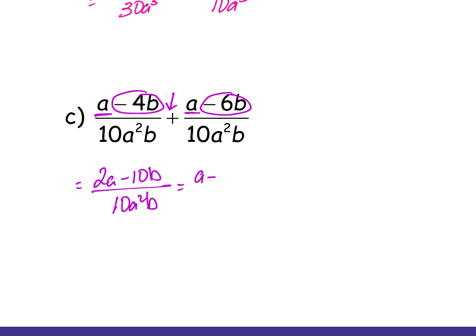So I've got a minus 5b divided by 5a squared b. Because all three of them are divisible by 2, I can simplify it. But if there's more than one term, they all have to be divisible by the same number. Okay?